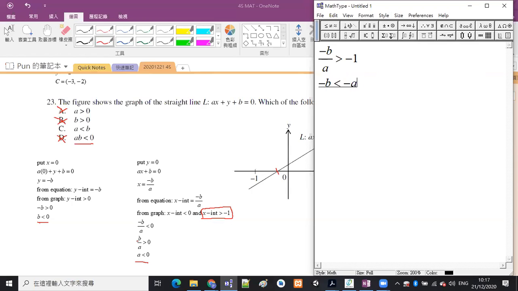Can you get this step? Because we have already confirmed that a is a negative number.